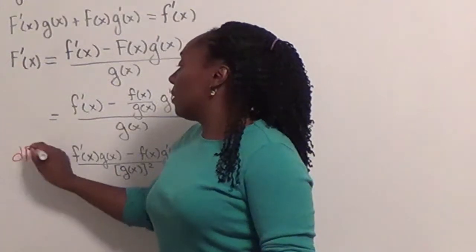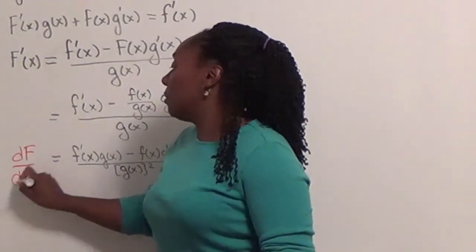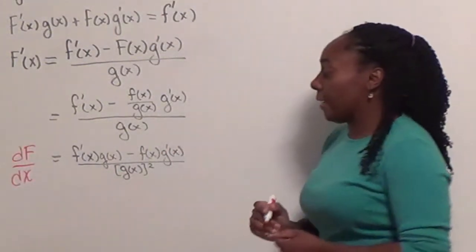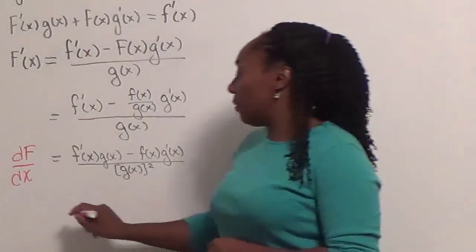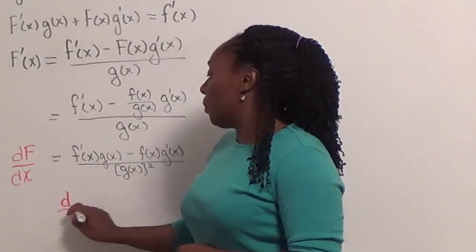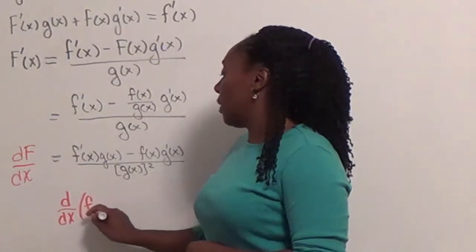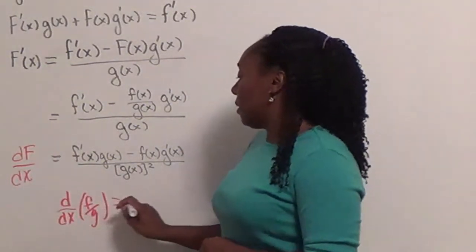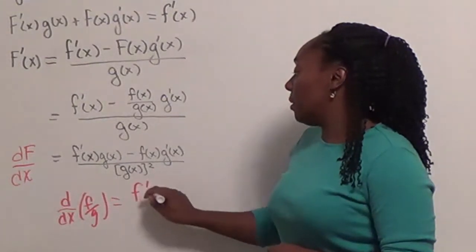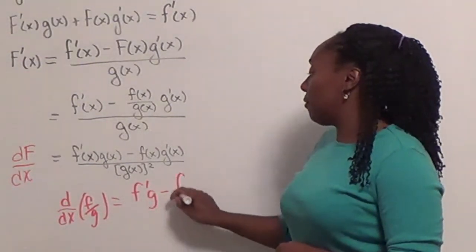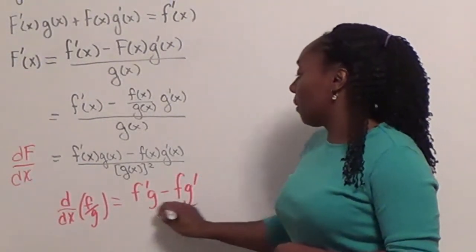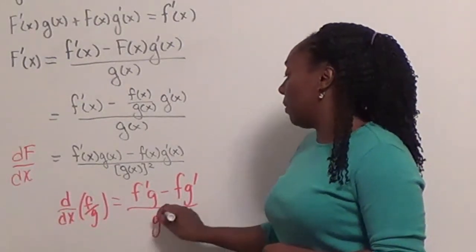Another way to think of this is that the derivative with respect to x of f divided by g is going to be f prime g minus f g prime, all over g squared.